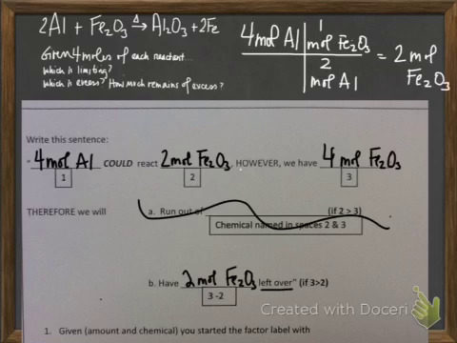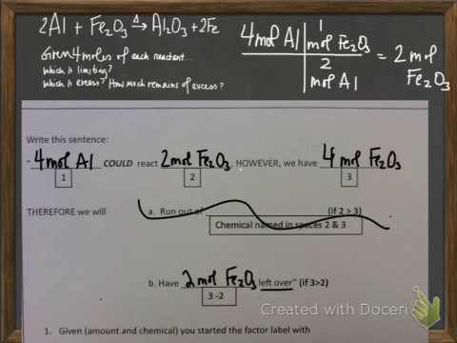Okay? We know, so which one is the limiting? Yes, I'm sorry. Aluminum is the limiting. Sorry, yes. Which one's our excess? Iron 3 oxide is our excess. We have leftover iron 3 oxide.